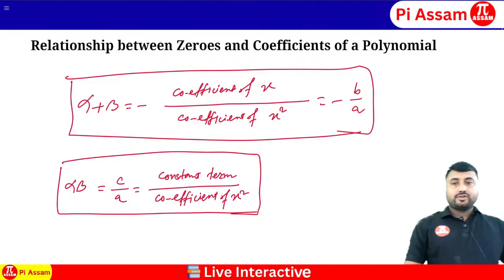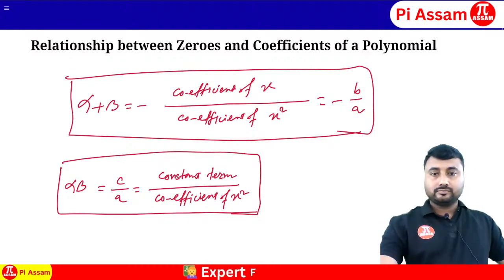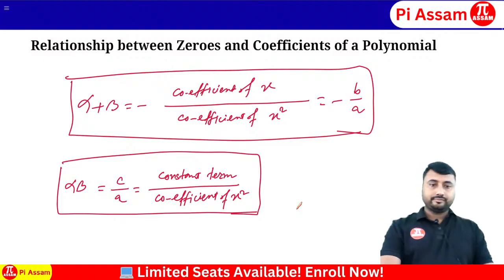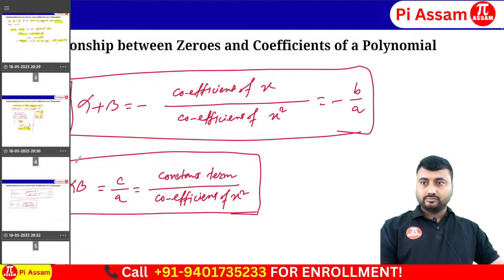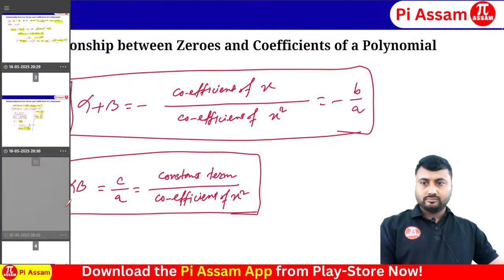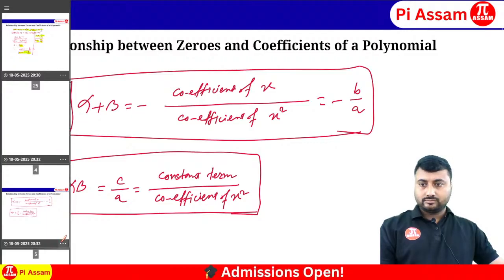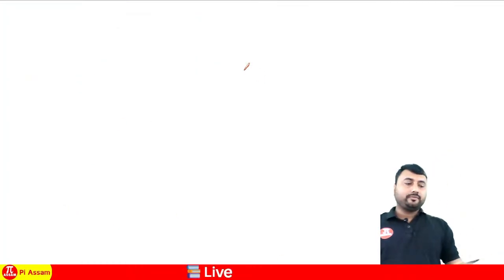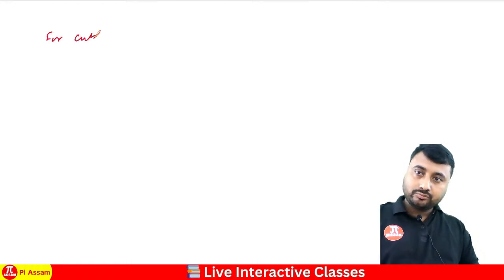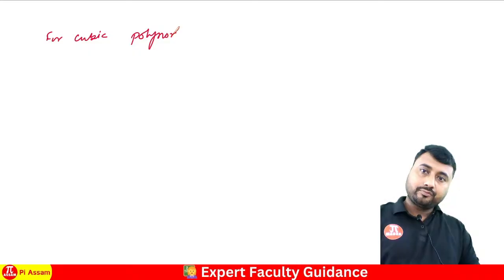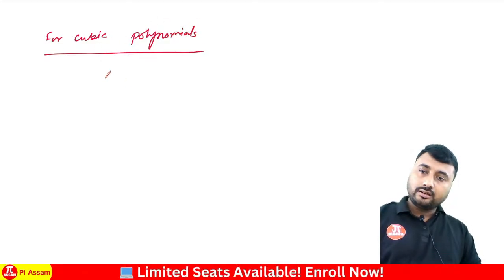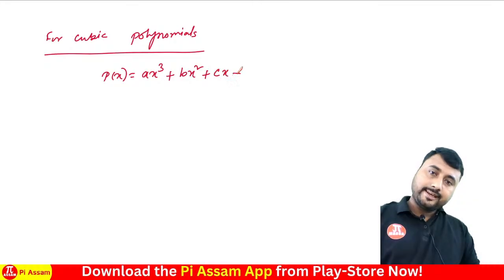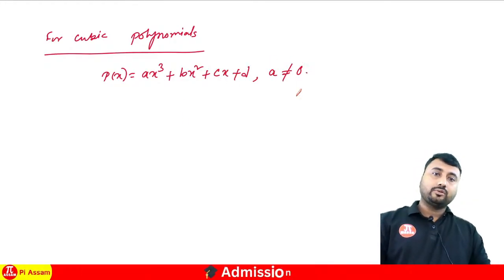Okay. So similarly for a cubic polynomial, p(x) equal to ax cube plus bx square plus cx plus d is the cubic polynomial where a is not equal to 0.